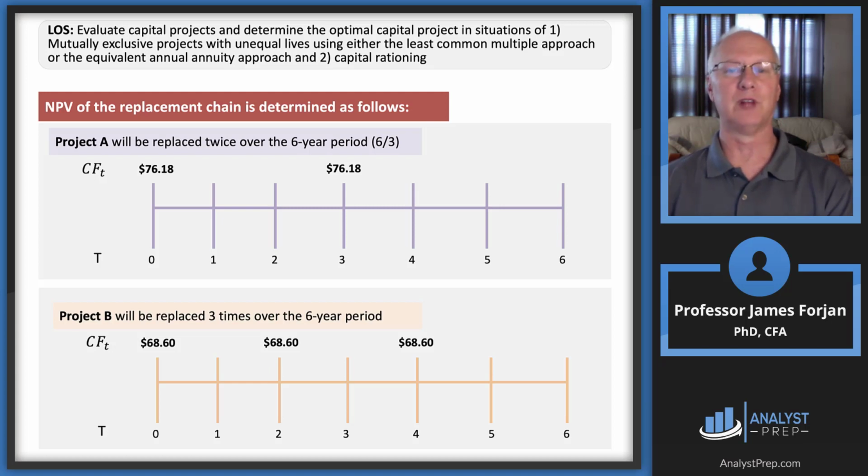So note, this slide is a really cool one because it tells you 6 years and 6 years. So now we're comparing projects that have equal lives. We're just going to replace each one. For Johnny the plumber, we have to replace it once. For Jenny the plumber, we have to replace it twice.